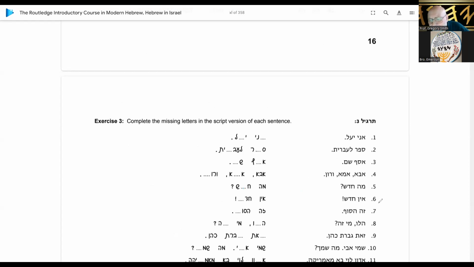All right, so let's look down here at number 6. We've got Ein Hadash. Ein means there is not. So this is like a question. Somebody says, Ma hadash, what's new? This one says, Ein Hadash, there's nothing new. It's all the same. That's the implication there.